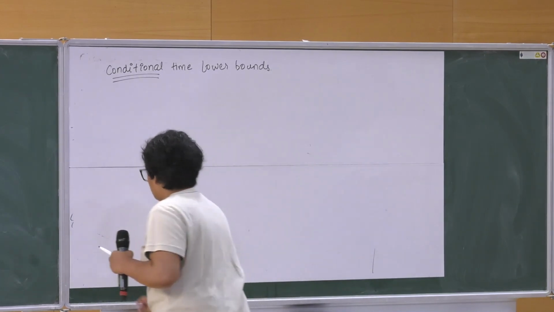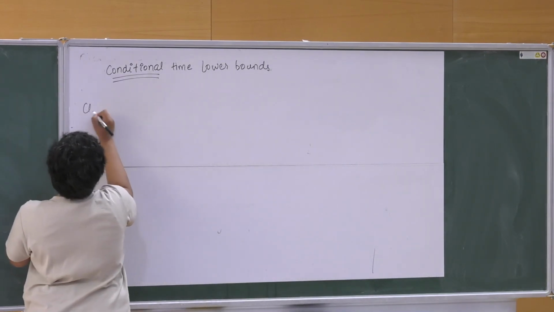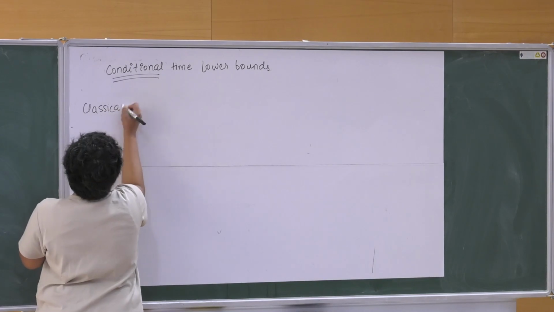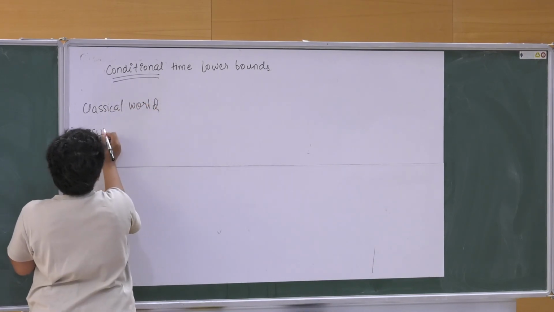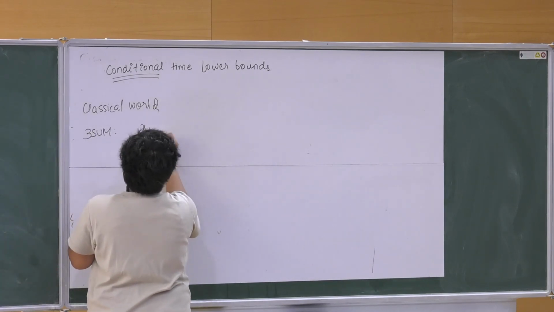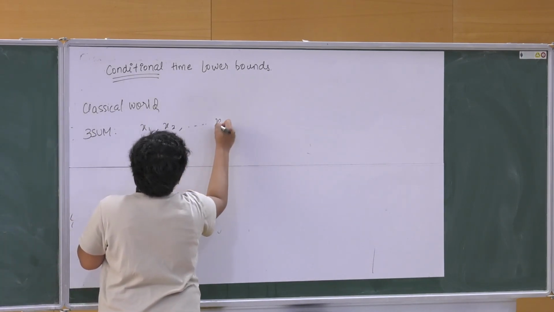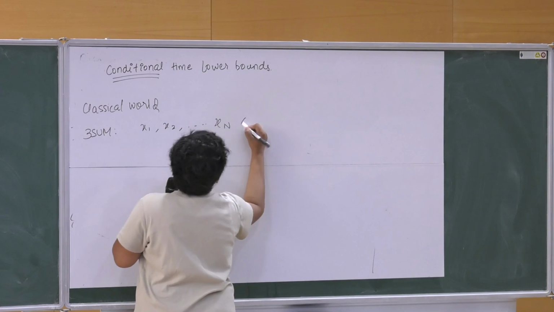Okay. Now, let's come back to the classical world again. So this threesome problem: we have x1, x2, up to xn, integers in some universe.